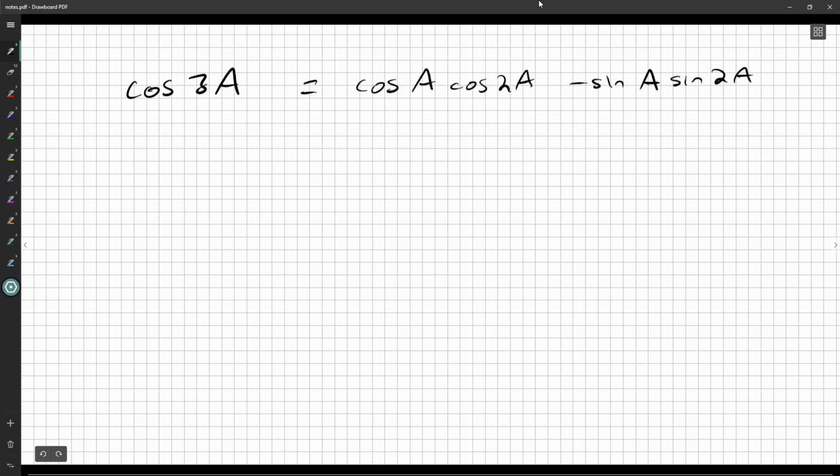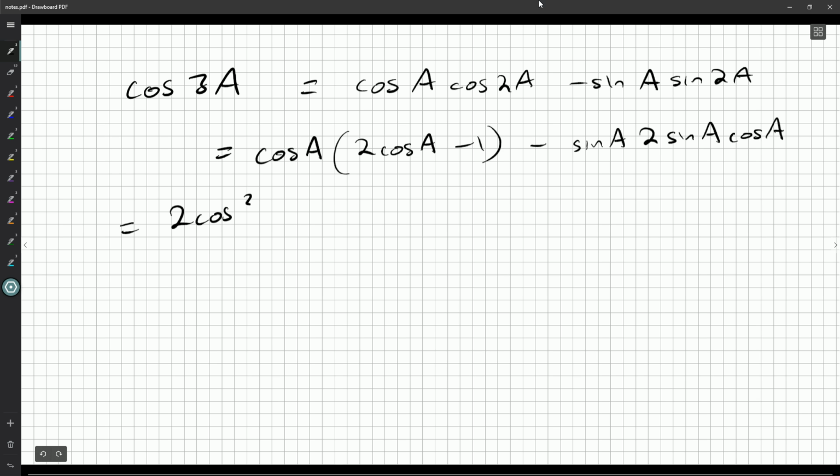And the cos 2a, I will change it to 2 cos squared a minus 1. And the sine 2a there, we'll change to 2 sine a cos a. So we'll get 2 sine squared a. 2 cos squared a minus cos a. Oh, sorry, this should be cos cubed.